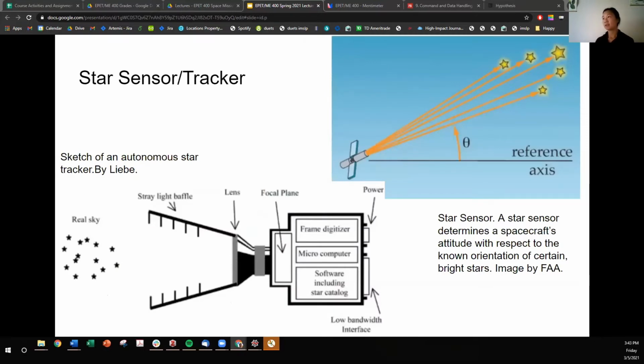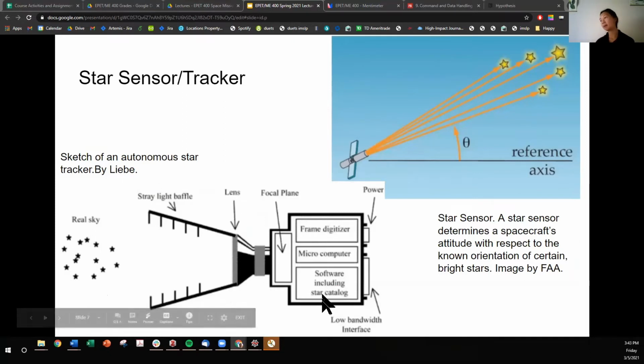All right, star sensors or star trackers. So here I have a depiction of a satellite looking at stars. But this time, star trackers can detect 3 degrees of freedom, or 3 axes of attitude orientation.